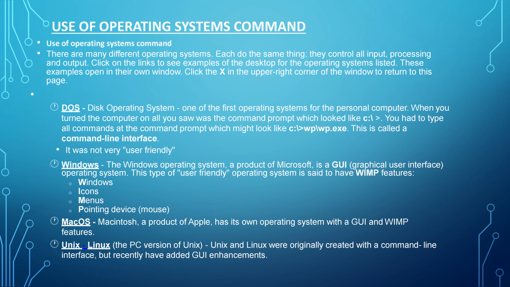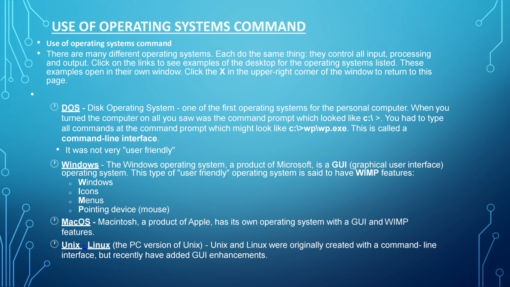And we have number 1, disk operating system, or we can say it is a DOS, in full disk operating system. One of the first operating system for the personal computer.